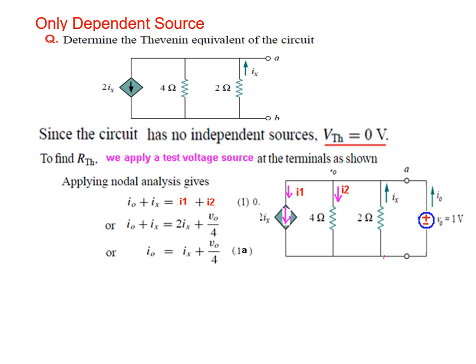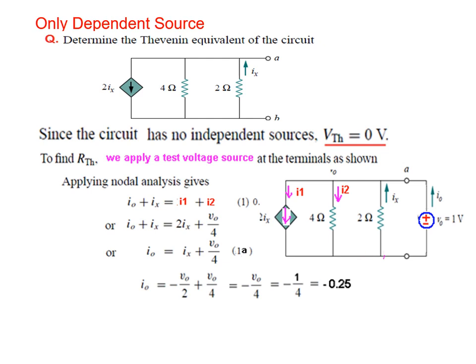Now what is Ix? If you look at the circuit, Ix is V naught over 2. So we'll replace that. For Ix we'll write V naught over 2, but in the negative direction, because V naught over 2 will be current going the other way.